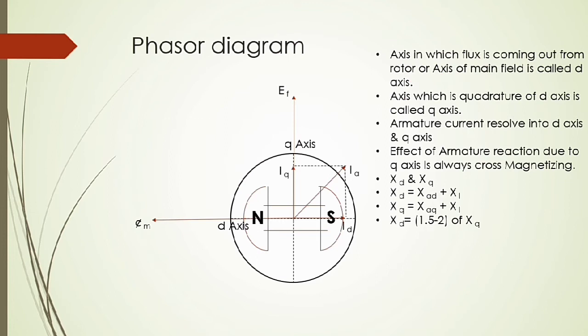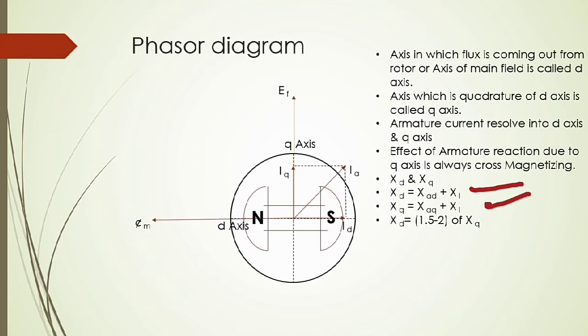From this formula you see direct axis reactance equals direct axis armature reactance plus leakage reactance. So here we include the leakage reactance. Leakage reactance doesn't depend on whether the air gap is large or small, so the value of Xl is similar in both cases, whether I calculate Xd or Xq.